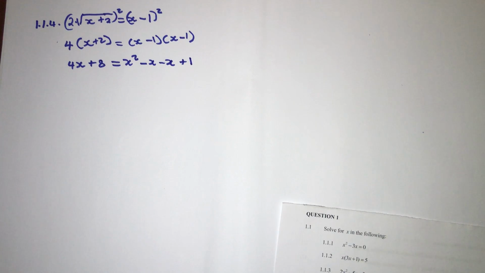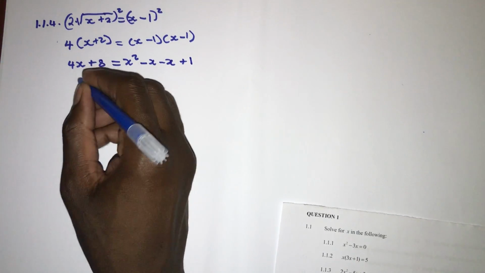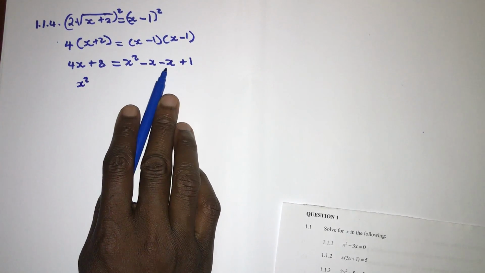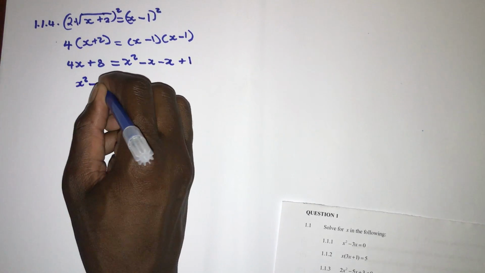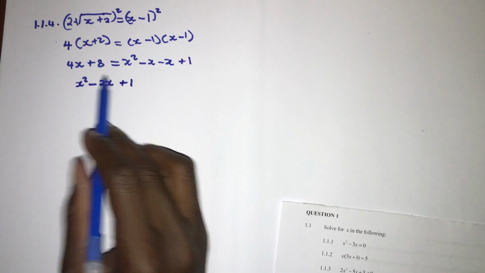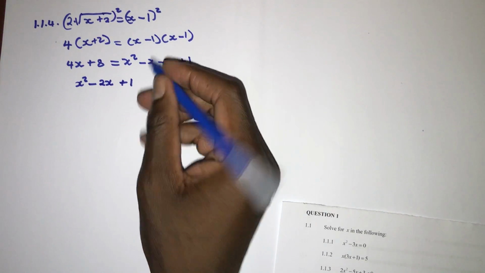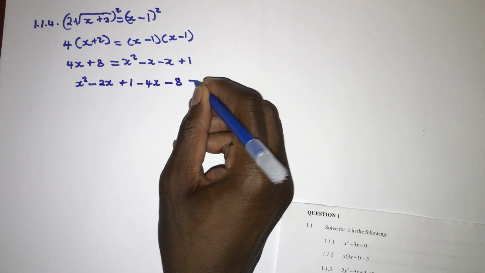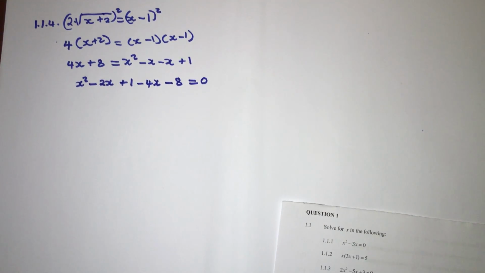And then let's group everything on the right hand side, for example. We're going to start with x squared. Negative x, that means it's minus 2x. Then positive 1. Then we're taking 4x to the other side, it's going to be minus 4x. We're taking 8 to the other side, it's going to be negative 8, then it's equal to 0.